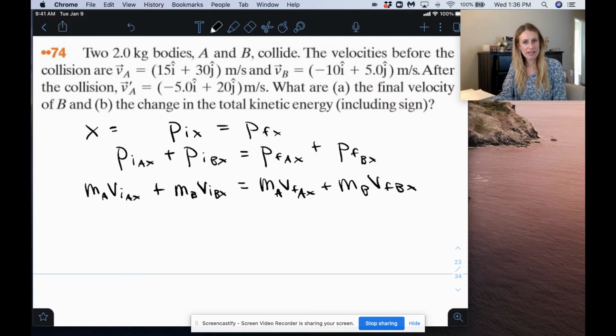So now I can start plugging in my numbers. I know the mass of both A and B are 2 kilograms.